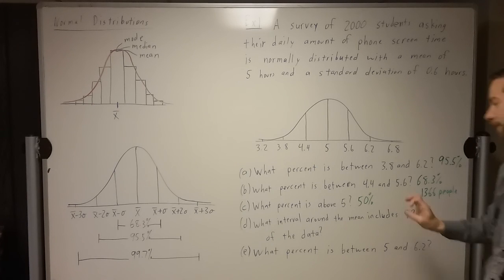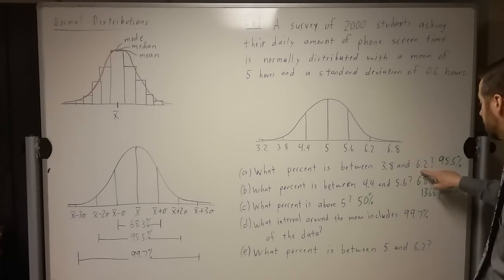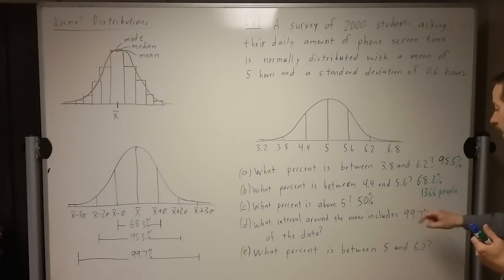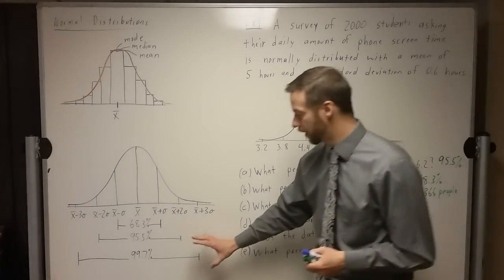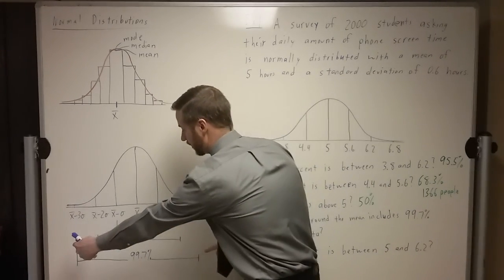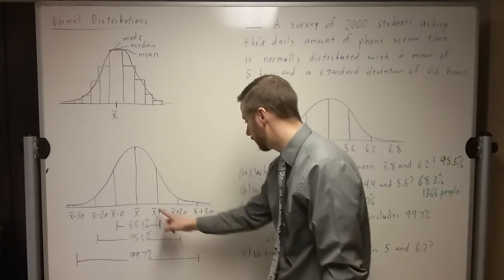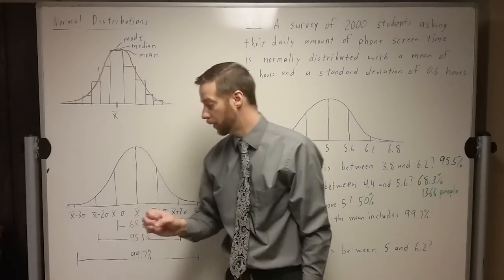And then this one, we're going the other way around. What interval around the mean? So I'm asking for these numbers, basically, and telling you the percentage. What interval around the mean includes 99.7% of the data? Well, looking over here, if we want to include 99.7% of the data and we want to go symmetric around the mean, that means we need to go 3 standard deviations above and 3 standard deviations below the mean.